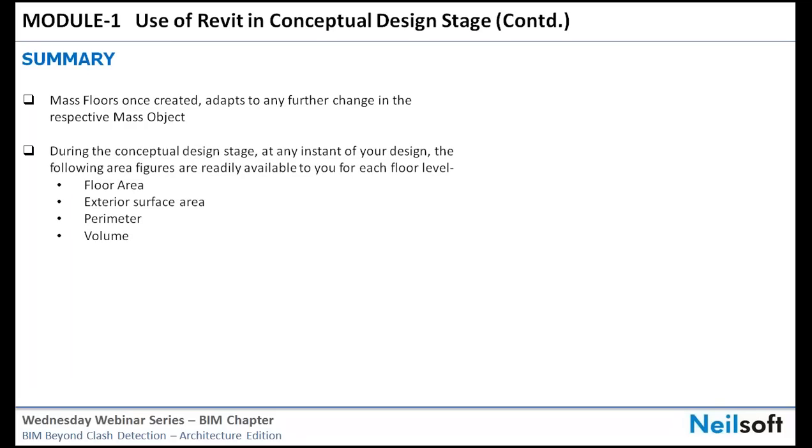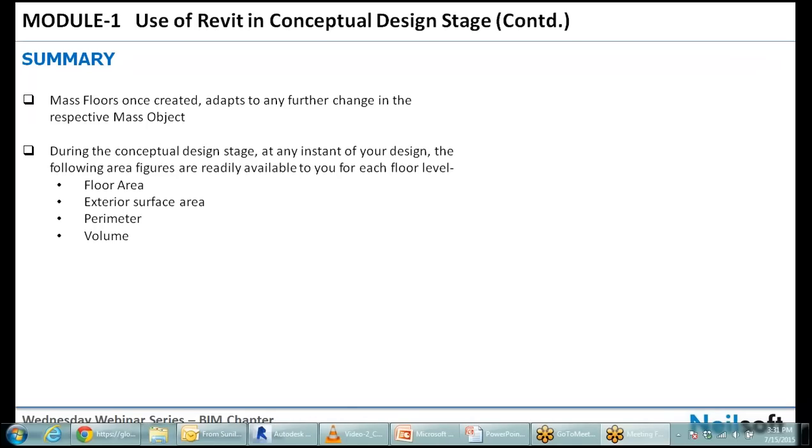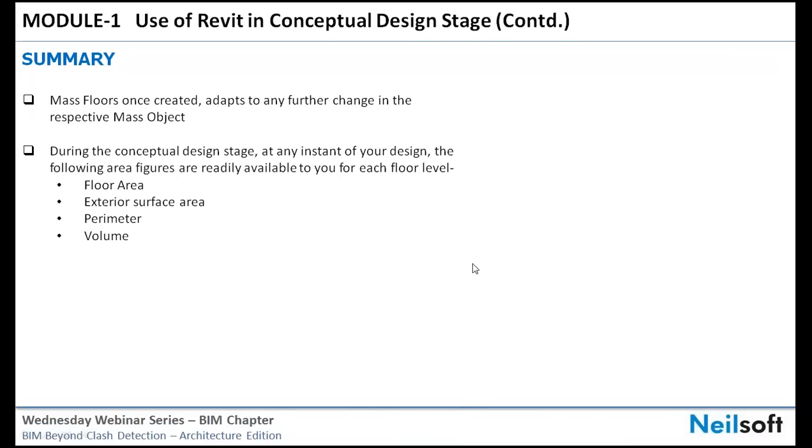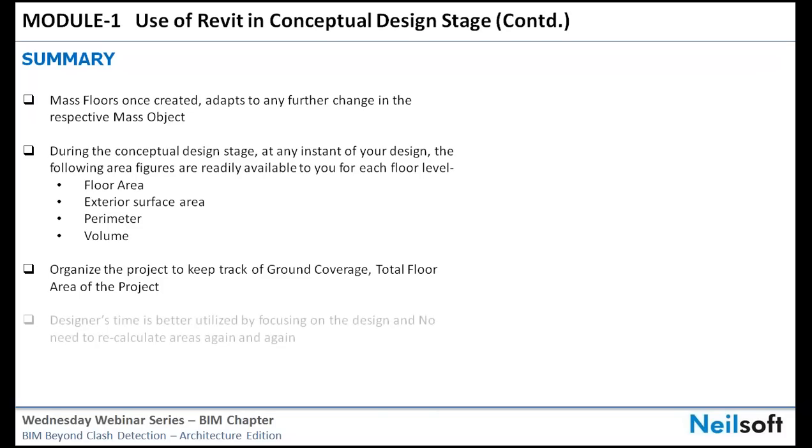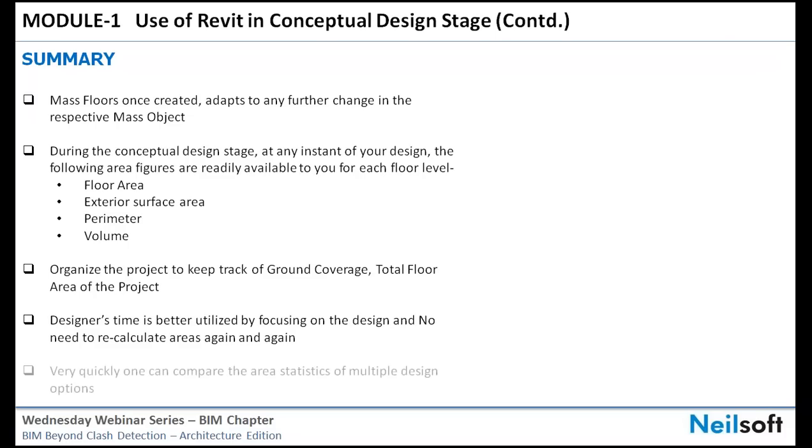During the conceptual design stage, at any instant, these values are available to you: floor area, exterior surface area, perimeter, volume, etc. You can organize your project with the help of schedules to keep track of ground coverage, total floor area of the project, and other such things, and keep working on your design. Designers' time will be better utilized by focusing on the design, with no need to recalculate areas again and again.